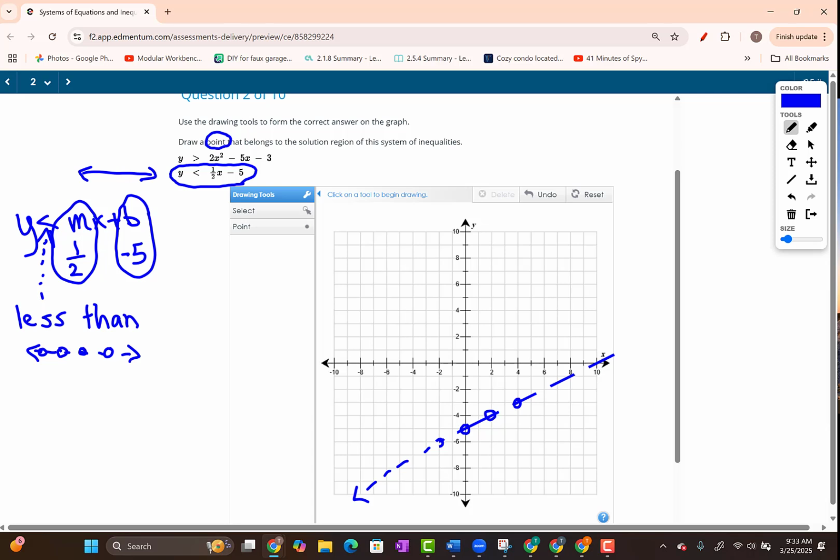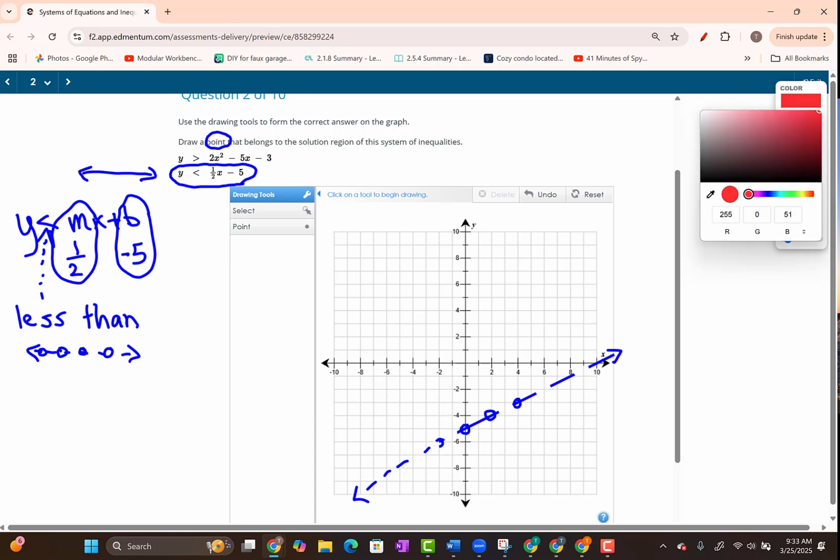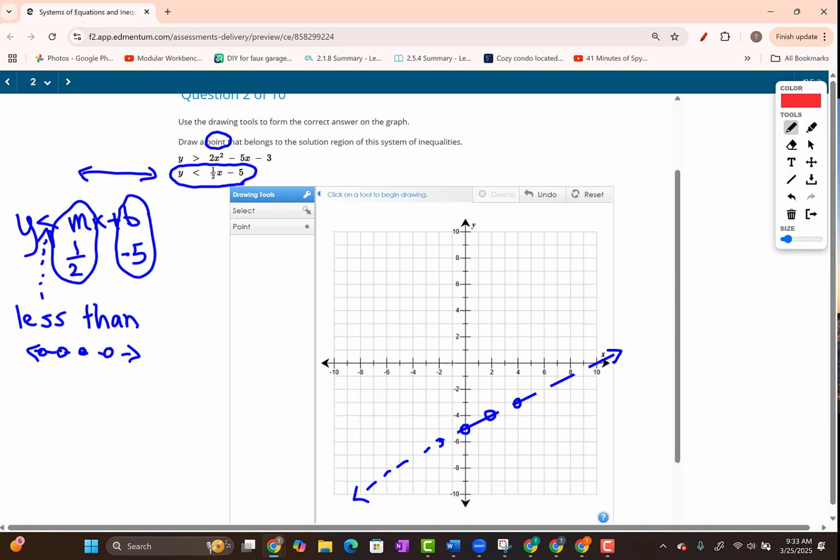All right, so this is a less than problem, which means all of the potential solutions that make this inequality true are below this line. So the point that we select is going to be somewhere in this region.